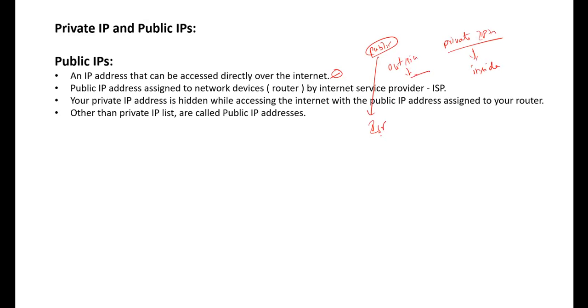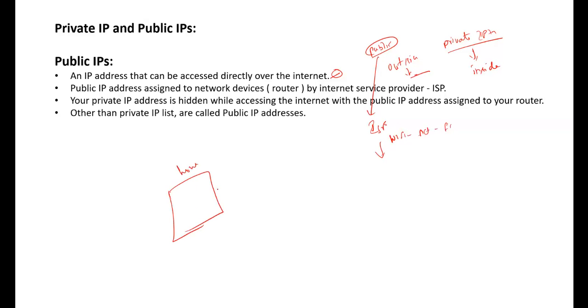So it means the one from whom we are taking the internet connectivity. Suppose I have a Wi-Fi connection which is from Act FiberNet. Let me tell you an example. This is my home.